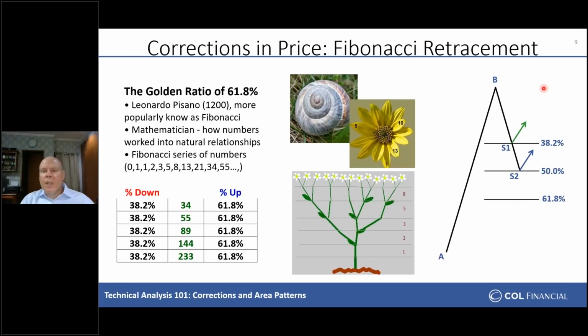Now, if the stock price goes all the way back down to S3 or support number 3, and it hits a 61.8% correction, that means, yes, it managed to fulfill the corrective need, but it dropped down too much. A lot of people who probably bought here are starting to take a little bit of a loss. And because of that, they're probably selling their positions.